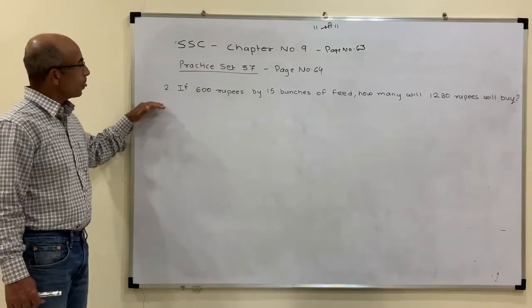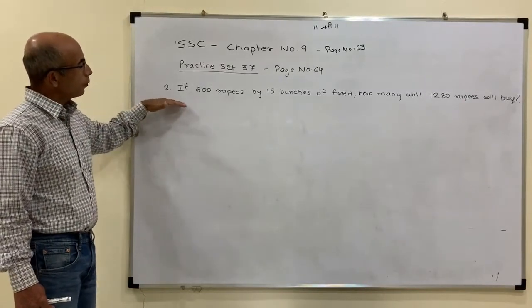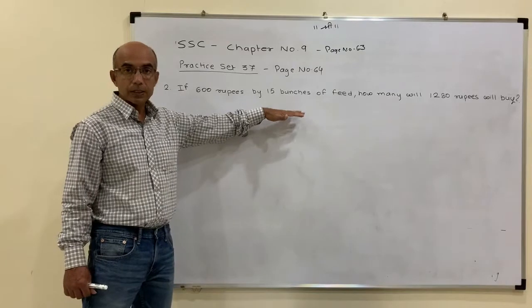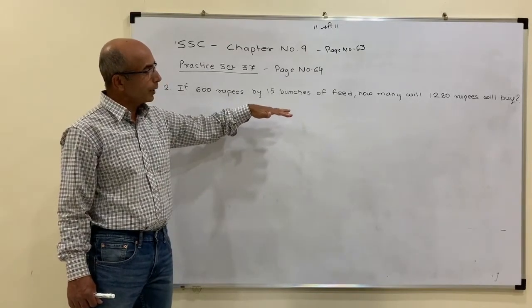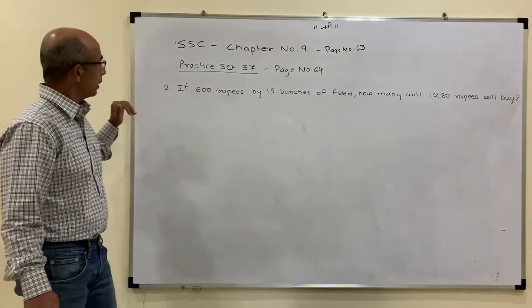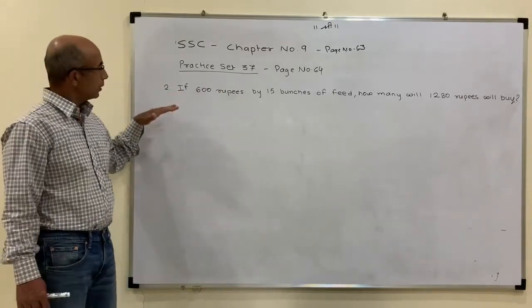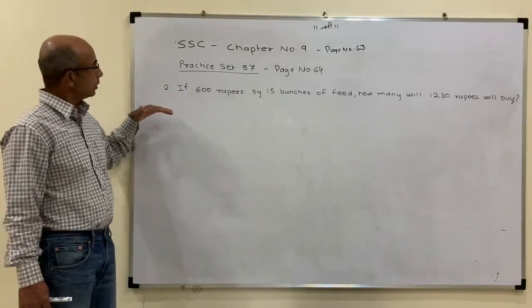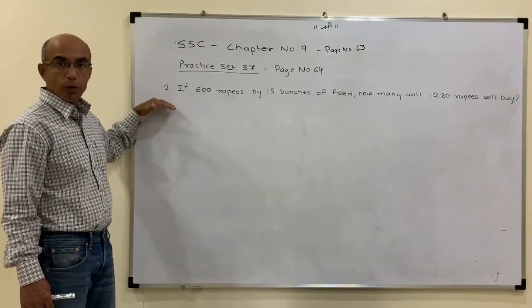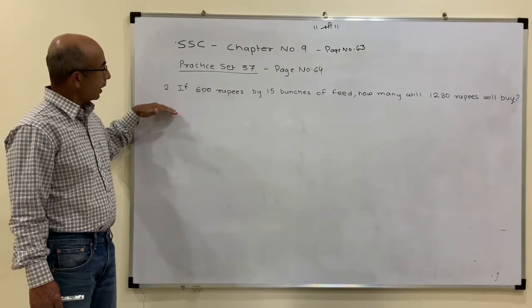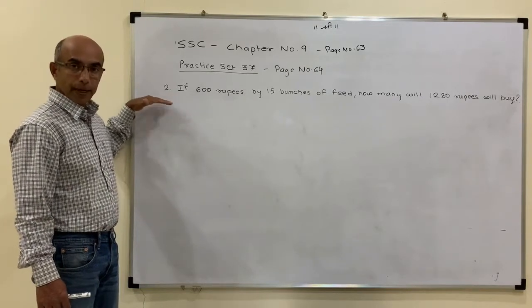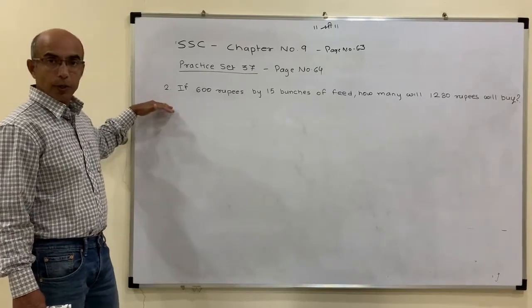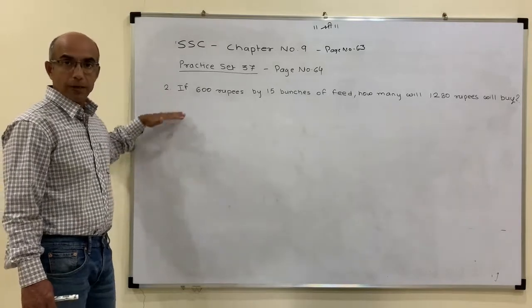Question number 2. If 600 rupees buy 15 bunches of feed, how many will 1280 rupees buy? Now you can do one thing. You pause the video, try to solve this problem on your own, and after you solve, you can play the video and compare your answers and steps with mine.